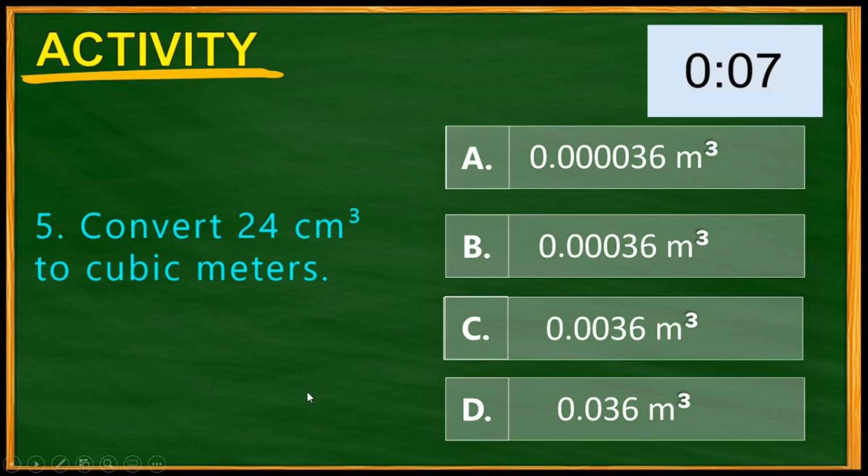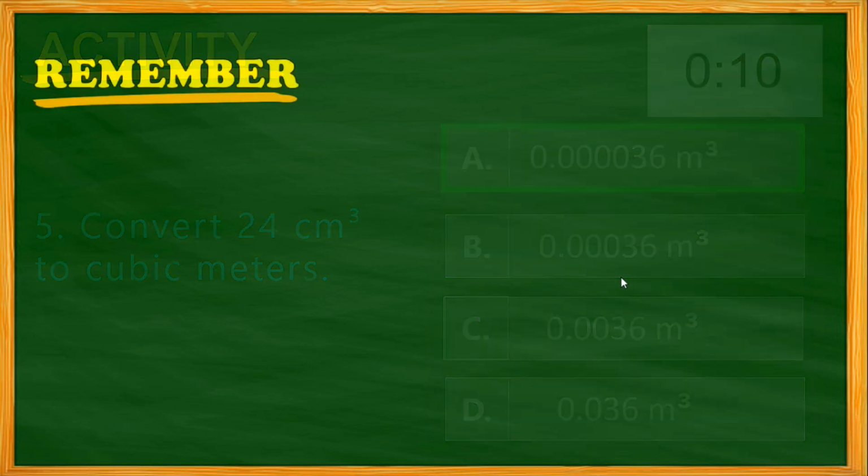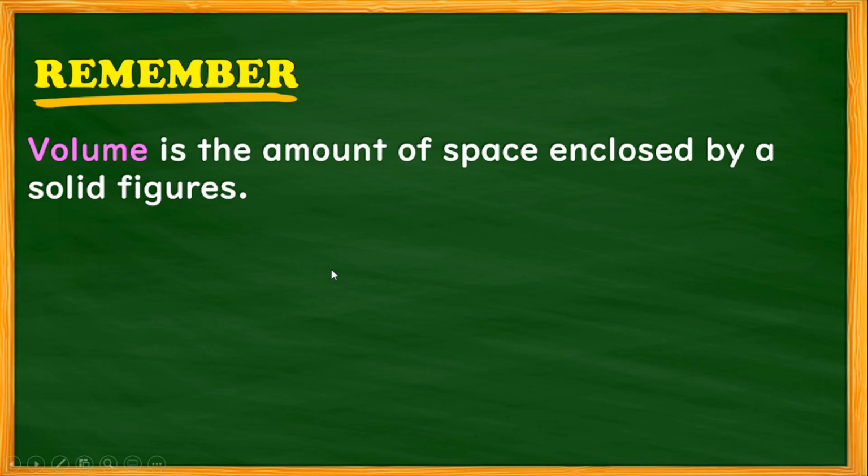The answer is 6 movements. So what would be the correct answer? This should be 24. So the correct answer would be letter A.